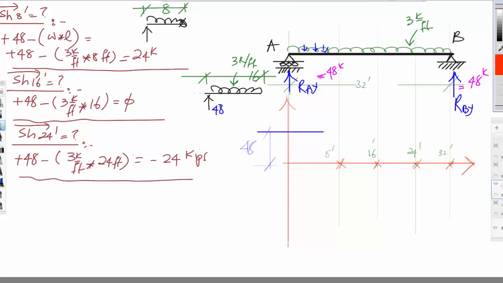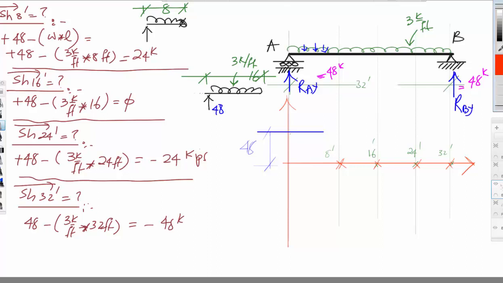And at a distance of 32 feet, this should be equal to 48, because 48 had to bring this diagram back to the 0 point. So it will be again 48 minus 3 kip per foot multiplied by 32 feet, and this is equal to minus 48 kips.